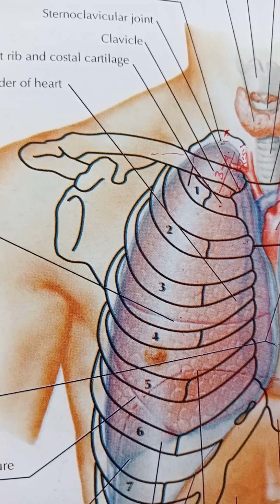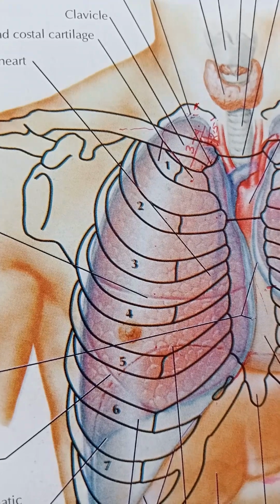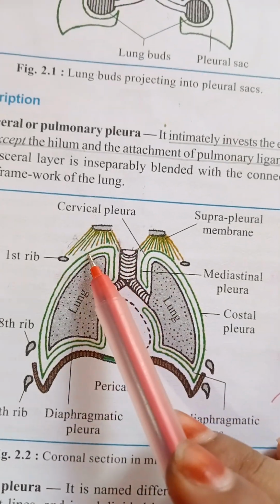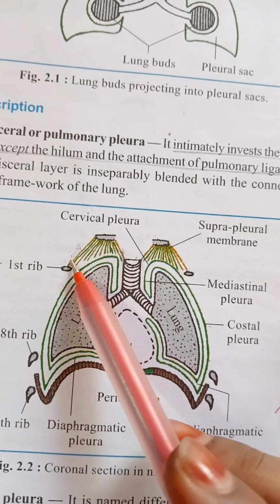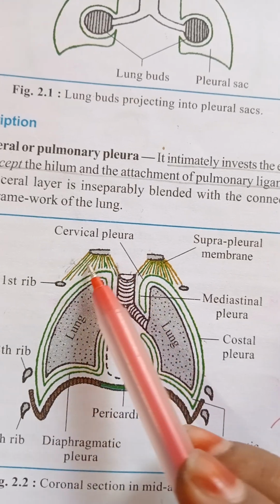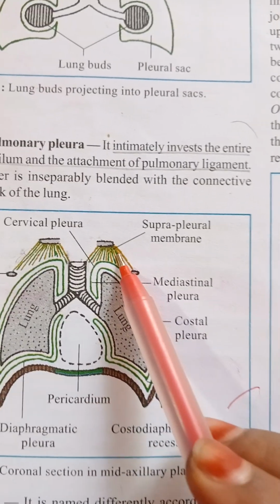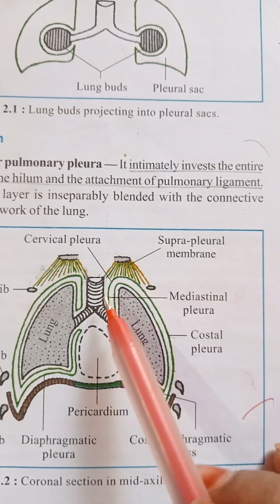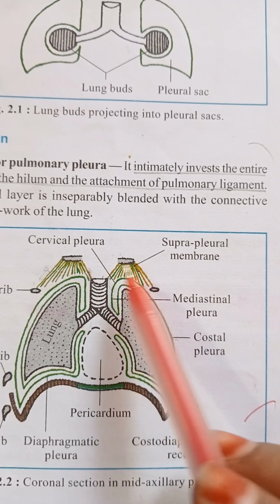The cervical pleura is additionally covered by a musculoaponeurotic structure. Here we can see this is the cervical pleura, and externally it is additionally protected by a structure. This musculoaponeurotic structure is known as the suprapleural membrane as it lies superiorly.